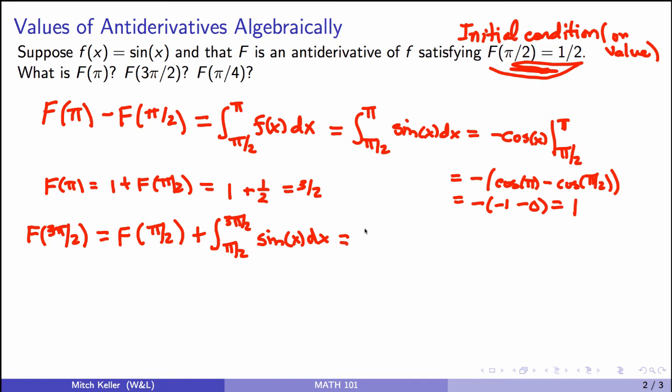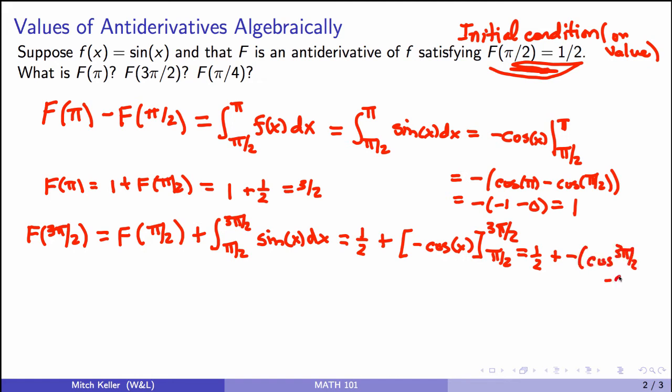I'm going to use the fact that F of pi over 2 is a half. And now we have minus cosine of x as any old antiderivative, since that's what the FTC says we're allowed to use. And so then we get a half plus, putting the minus sign out here, cosine of 3 pi over 2 minus cosine of pi over 2. Those things are both 0, so we just get a half.